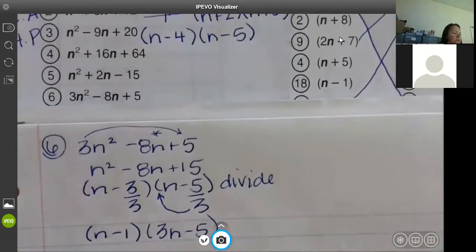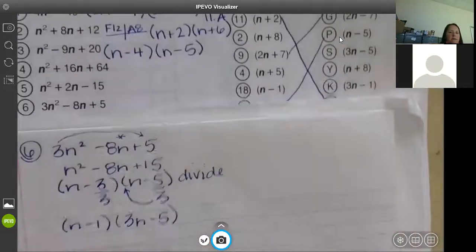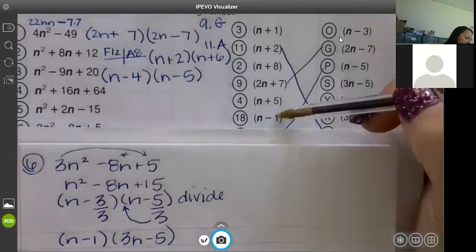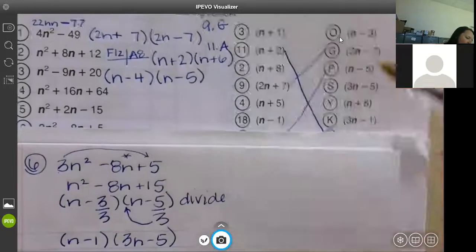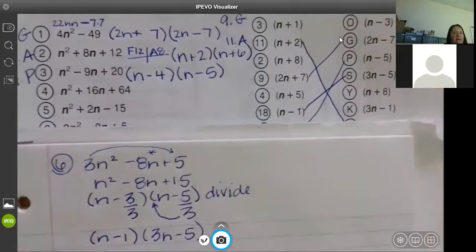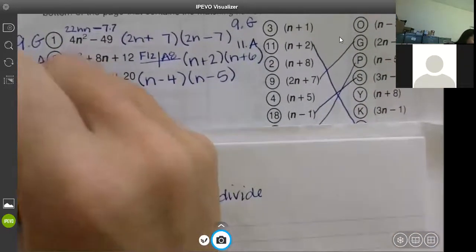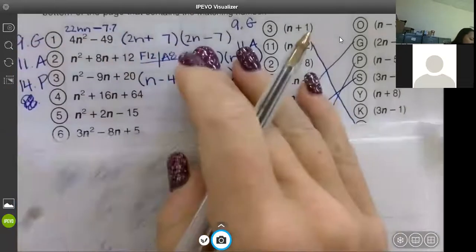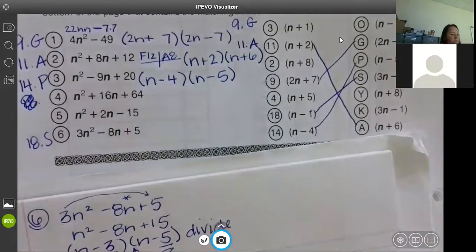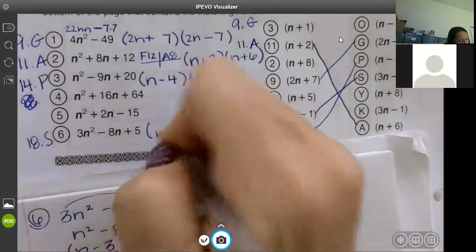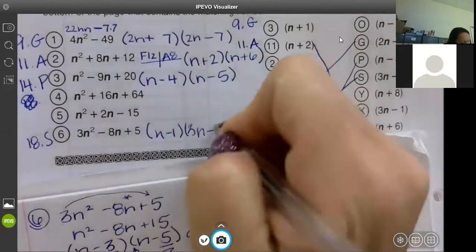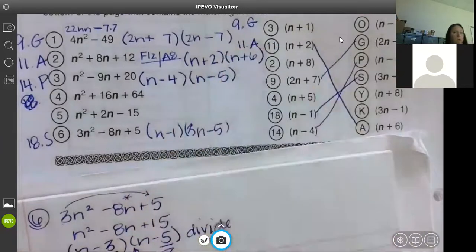So if I look over to the side, I'm looking for n minus 1 and 3n minus 5. So 18 is S. That's not that one, it's this one. Okay. And again, please write your answers on your worksheet before you upload it. 3n minus 5, that's a 3.